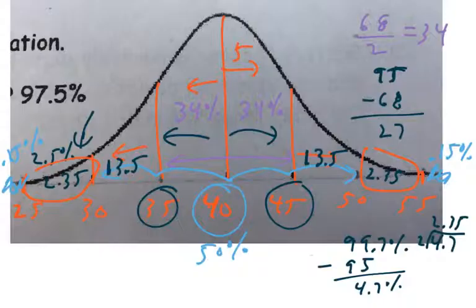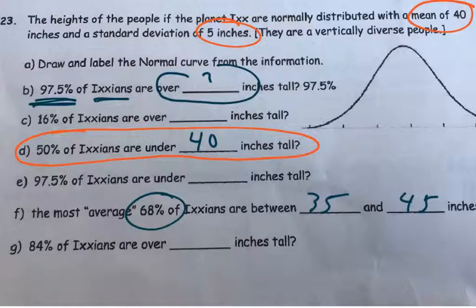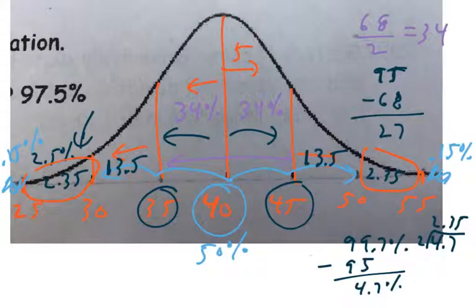Okay? So, question B here says 97.5% of Ixians are over blank inches tall. Using the empirical rule, guys, we can't get quite exactly the same answer. But I would say, see if this makes sense, I know at 30, right here at 30, I have 95% up to here, plus another basically 2.5%.